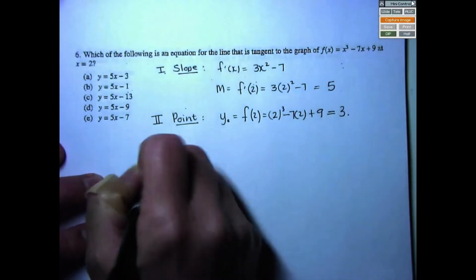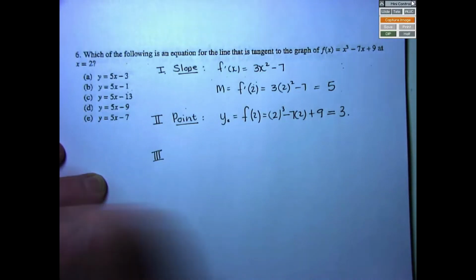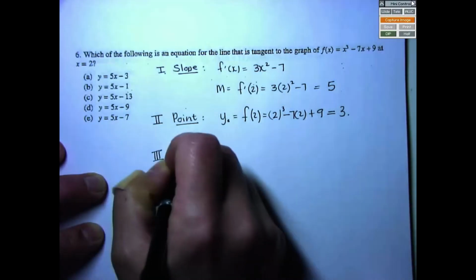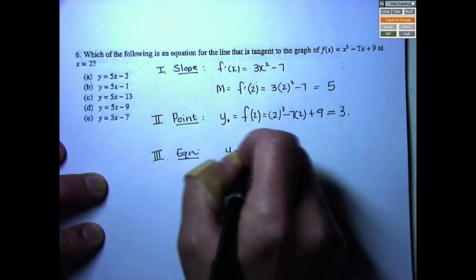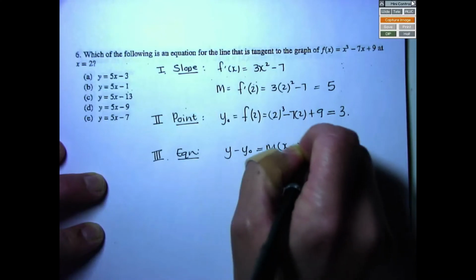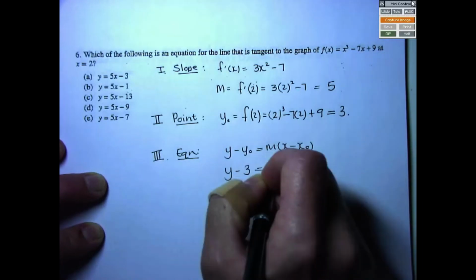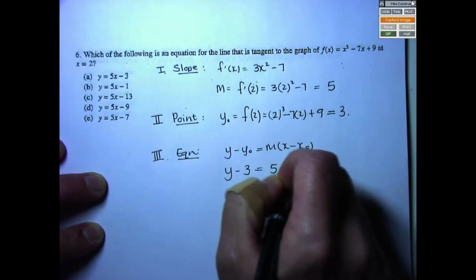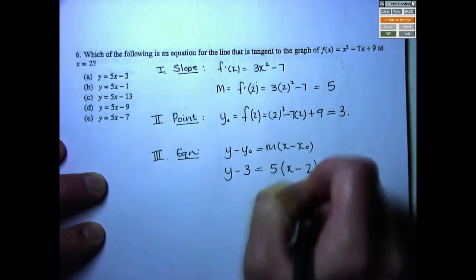And so finally, the third thing I'm going to do is to put everything together using point-slope form. So to find the equation, using point-slope form, y minus y naught is equal to m times x minus x naught. And let's plug in. So y minus 3 is equal to 5 times x minus 2.